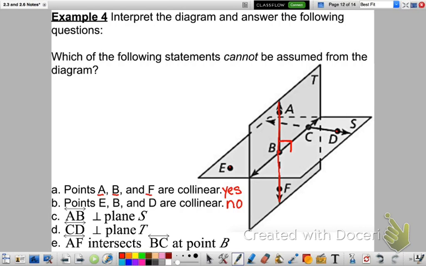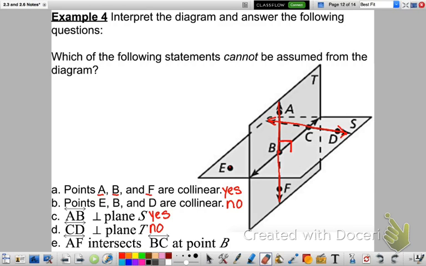There is a right angle coming off of AB and going down to plane S. So our line would, yes, be perpendicular to our plane. But if we look at line CD, we do not see that right angle box, so it cannot be perpendicular. Or we won't assume it's perpendicular.